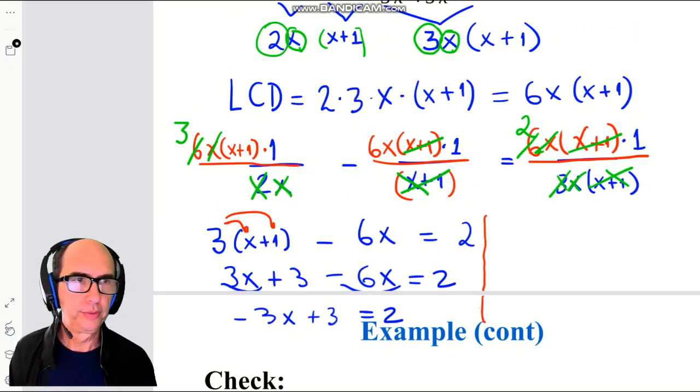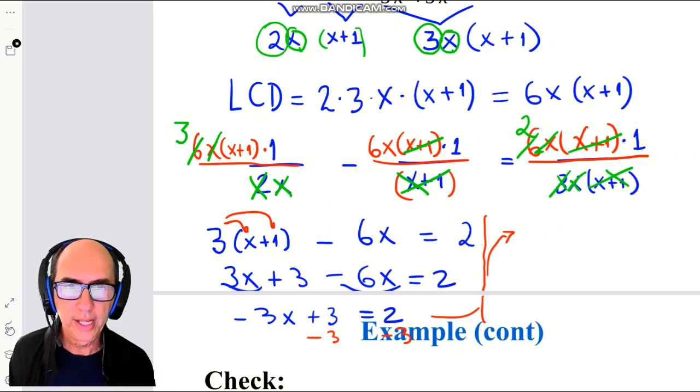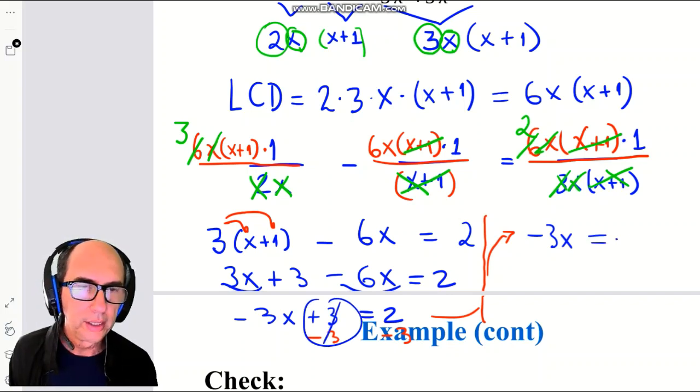Okay, let's move this up here. And we will now apply the addition property of equality. The objective is to cancel this plus 3, so minus 3 on both sides. And then we have negative 3x, this cancels out, equals 2 minus 3, negative 1.